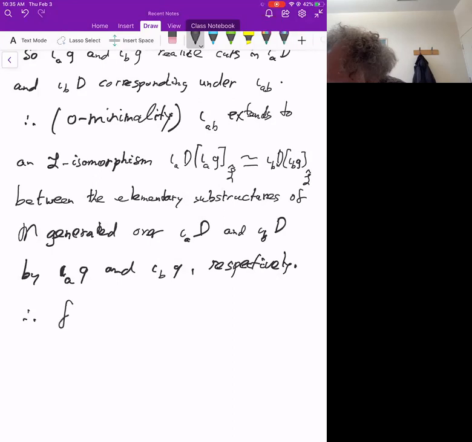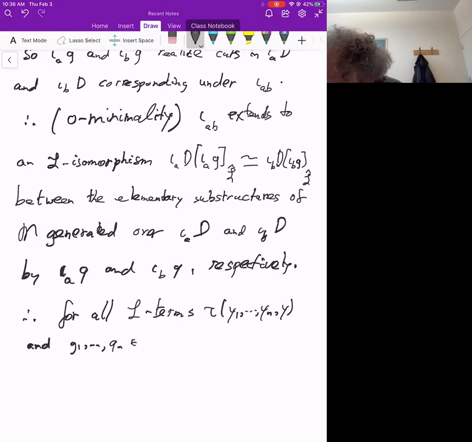Therefore, for all L terms tau(y1, ..., yn, y) and germs g1, ..., gn in D.